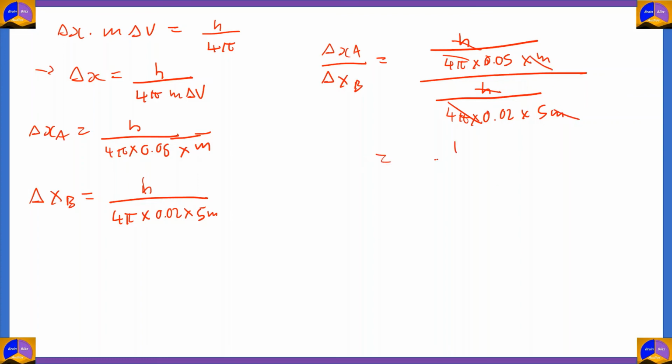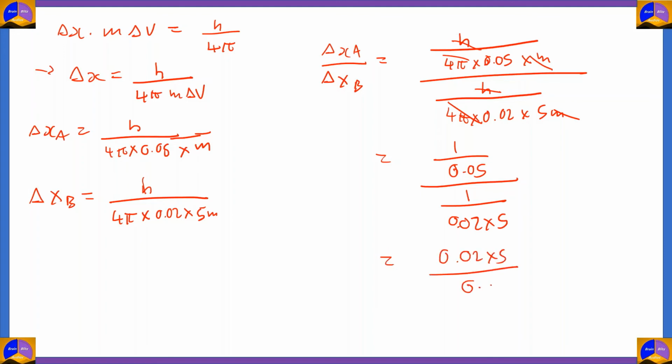So we have 1 by 0.05, whole divided by 1 by 0.02 into 5. That is equal to 0.02 into 5 divided by 0.05. So 2 into 5 is 10, so 0.02 into 5 is 0.1, whole divided by 0.05.